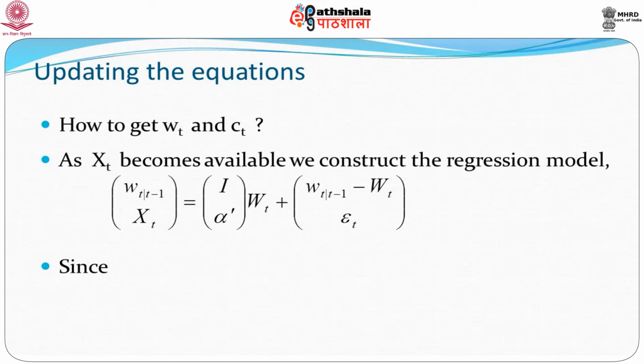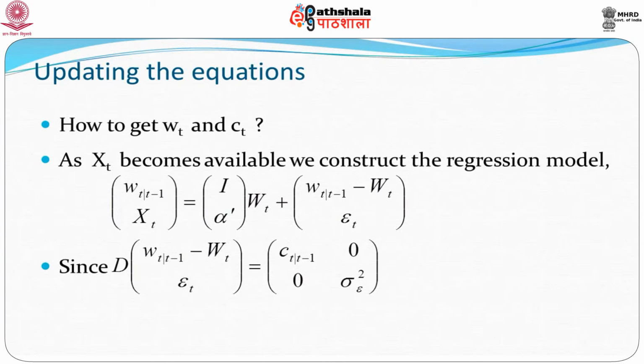So, the left hand term we can look at as the response, our y in general in a regression model. On the right hand side, we have Wt, which acts as our x in the regression model, and I and alpha prime acts as a coefficient beta, whereas the second term acts as the error in this regression model. But then if you look at the error, its mean is going to be 0: expectation of Wt given t minus 1 minus Wt would give you 0, and expectation of epsilon t is 0.